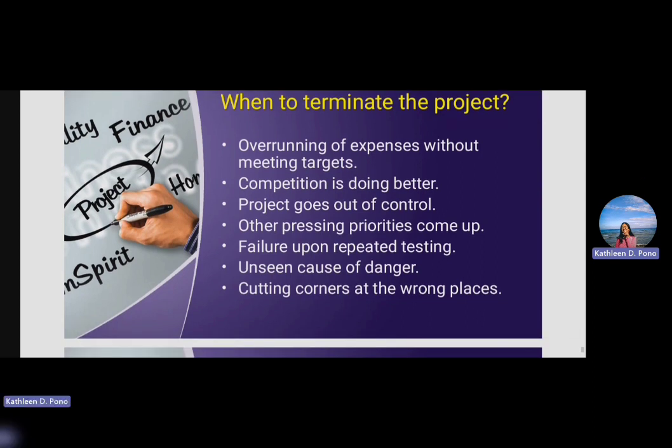If the project team cuts corners in the wrong places, such as skipping critical steps or processes, it may lead to unexpected problems and failures of the project. In that way, terminating the project may be necessary to avoid further issues.